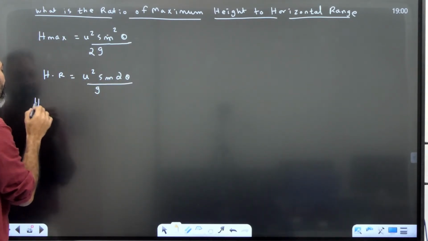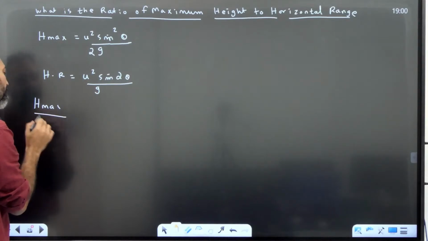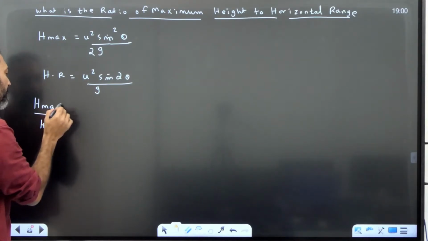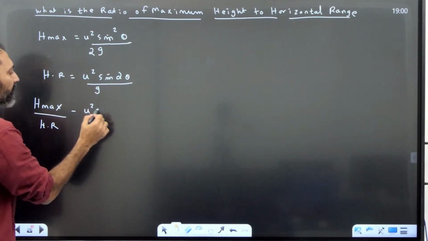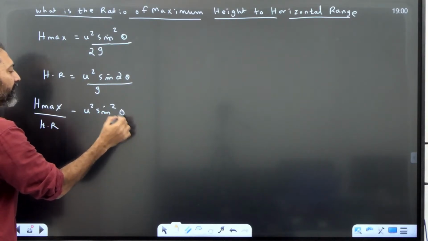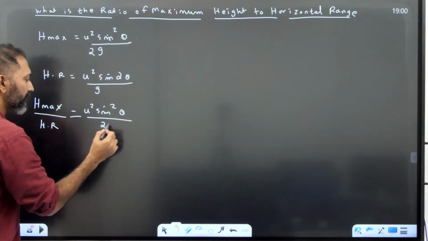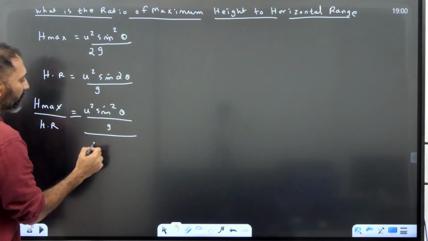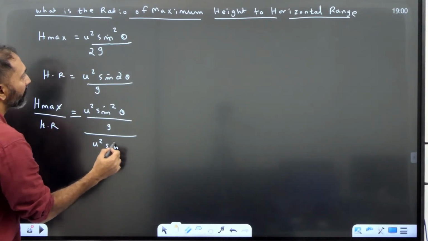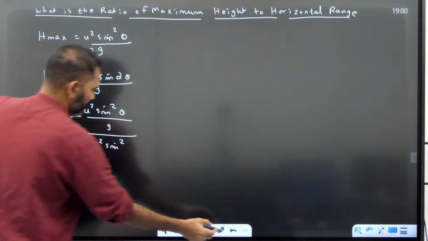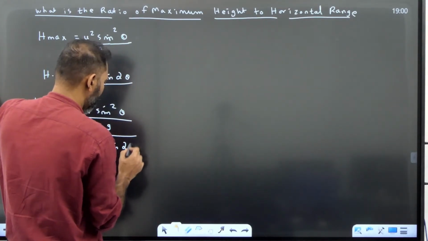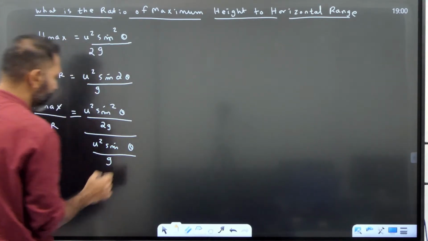What is the ratio of maximum height to horizontal range? U square sine square theta by 2g divided by u square sine 2 theta by g.